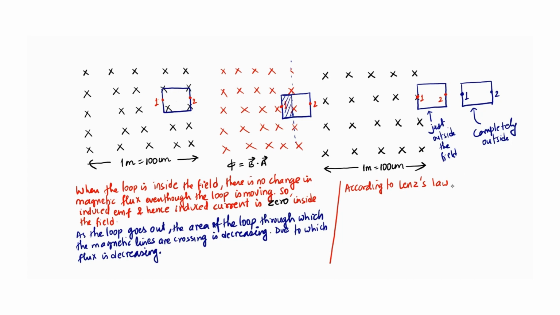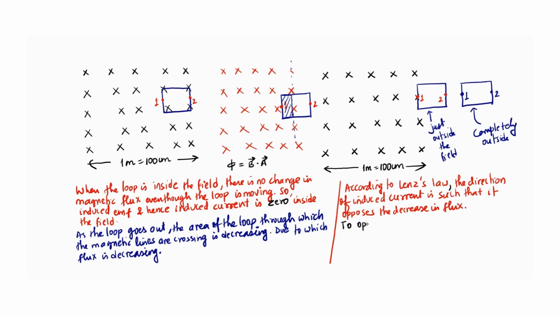So according to Lenz's law, the direction of induced current is such that it opposes the decrease in flux.